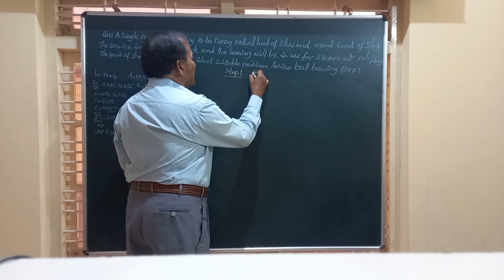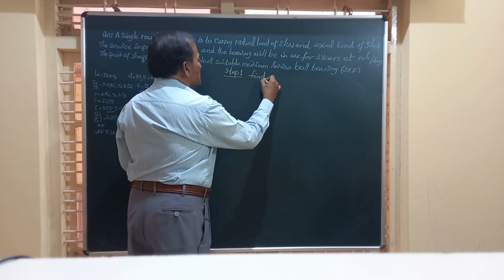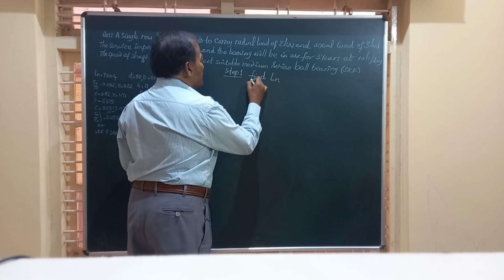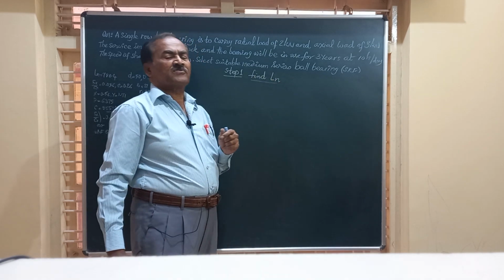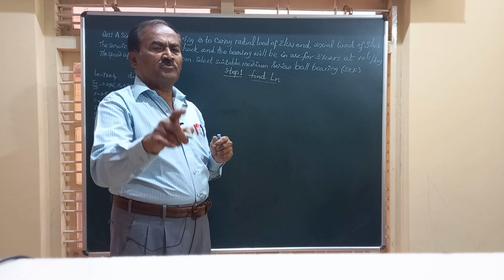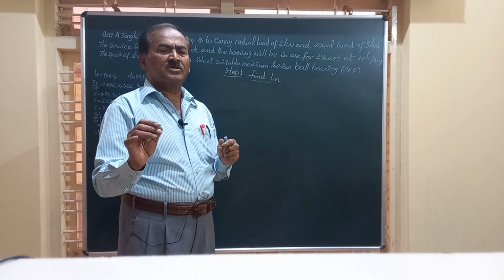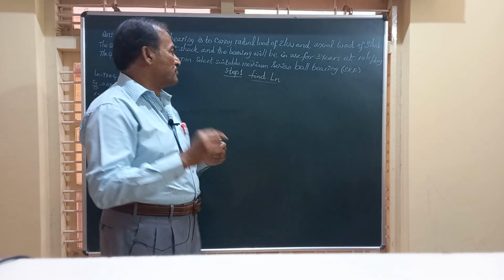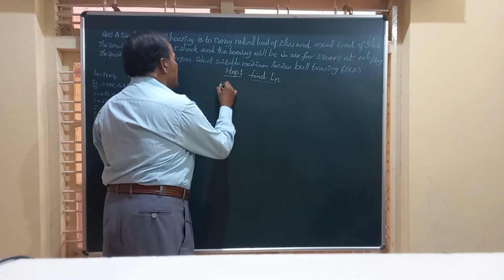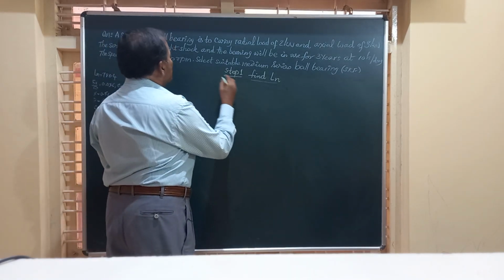we are going to find Ln, the life of the bearing in millions of revolution. As I told before, it's a common step in all the ball bearing design problems. So friends, Ln can be written like this.